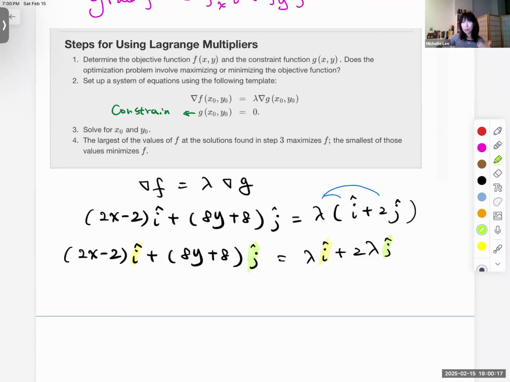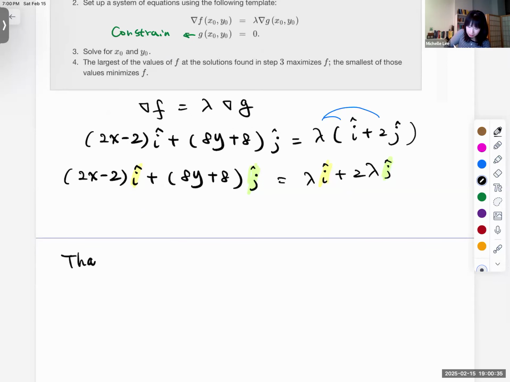So we can say that 2x minus 2, i with i, is equal to lambda, right? J with j. So 8y plus 8 equal to 2 lambda, right? So let's use that. So that is 2x minus 2 equal to lambda, and 8y plus 8 equal to 2 lambda, right?